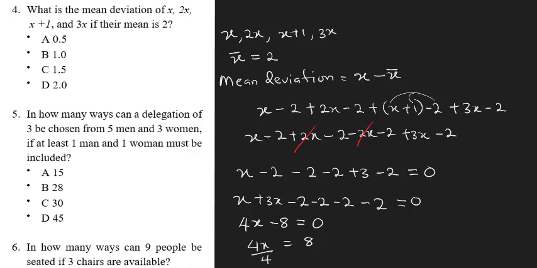This 4 cancels this, and 8 divided by 4 is 2, right? So our x is equal to 2. So this is the mean deviation. So let's check our options. Do we have 2? Yes, D is the answer. So let's move to the next question.